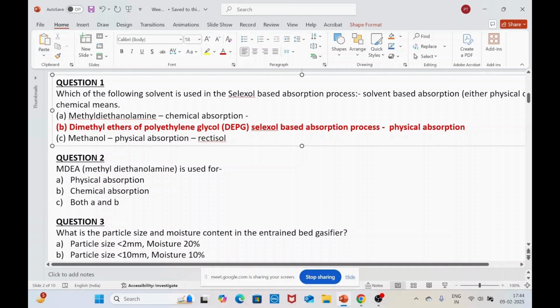These three different processes are also classified based on their temperature. So what is this temperature difference? For diethanolamine, you can call it ambient conditions, or 30 to 35 degrees Celsius makes sense.